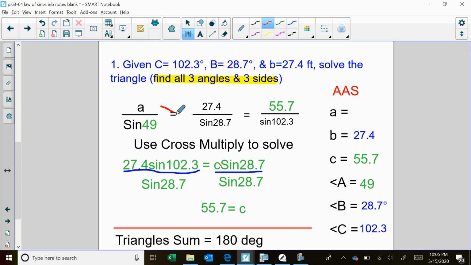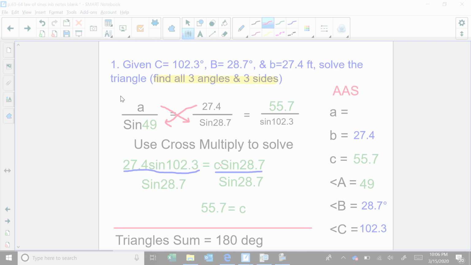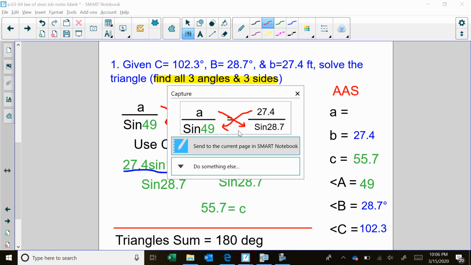We now have to cross multiply the first and the second equations to get the final answer. So let me screenshot this so we don't have to keep scrolling back and forth.